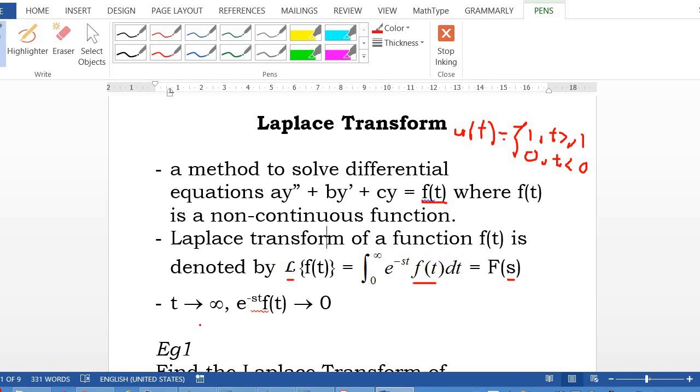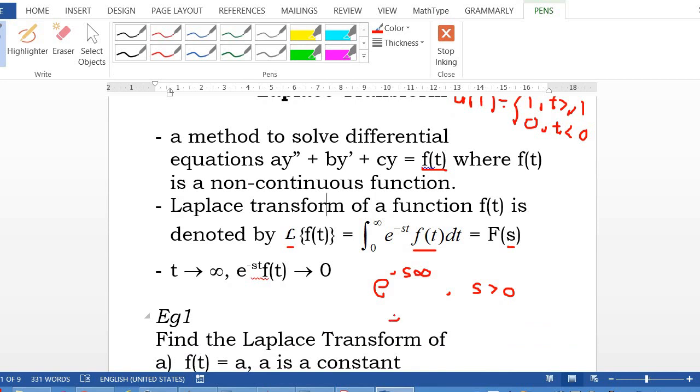Note that when t approaches infinity, exponent negative st f(t) will approach 0, because when t approaches infinity, we will have exponent negative s infinity, where s is a positive parameter. Then this will approach exponent negative infinity.